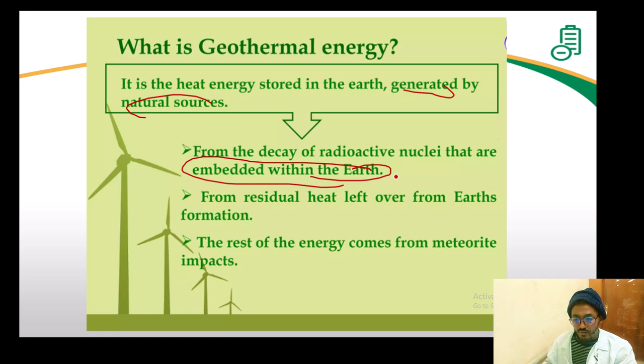The second is residual heat left over from Earth's formation, which is not yet utilized according to science. And the third, the rest of the energy, comes from meteorite impacts. So these are the three reasons why we are getting heat from the earth that we are living on, starting from the core up to the crust.